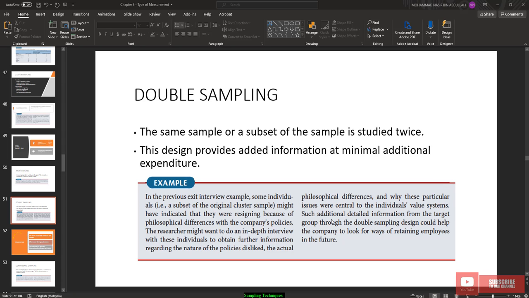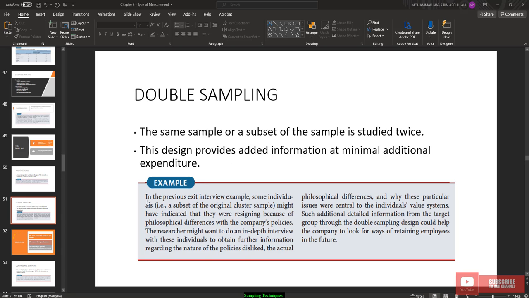Another type of sampling technique is double sampling. Double sampling means that we can employ two sampling methods in one sampling technique. The same sample or subset of the sample is studied twice. This design provides added information at minimal additional expenditure, right?